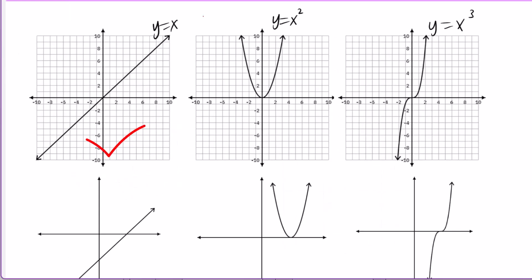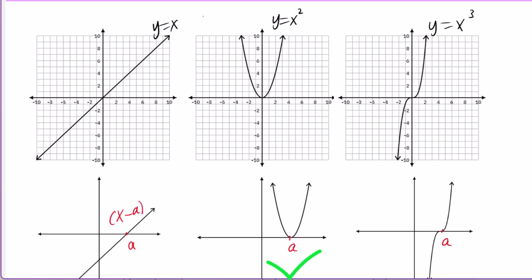The parent function of a linear is y equals x. This is the parent function of a quadratic, y equals x squared. This is a cubic, y equals x to the third power. If the graph crosses the x-axis like this, we will say x minus a.